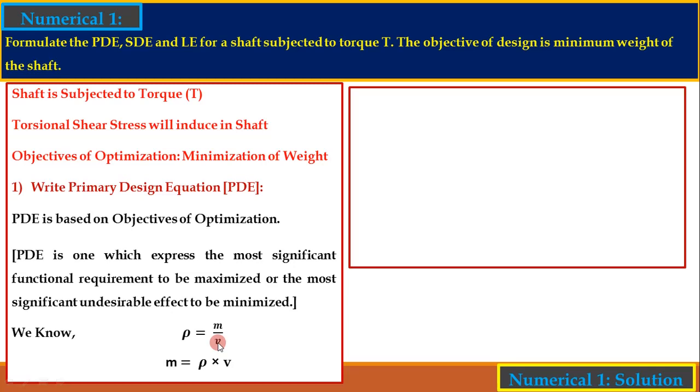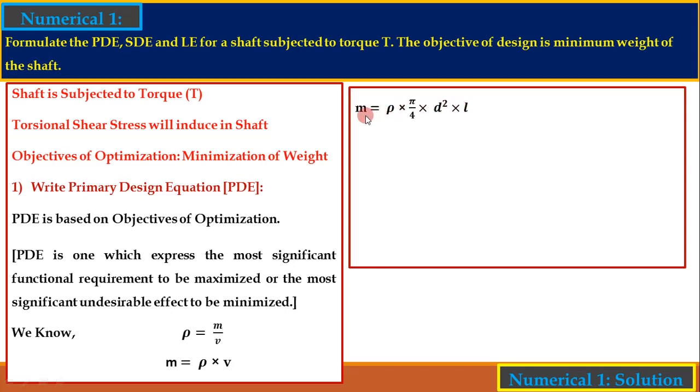Mass is equal to rho into V, and we have to multiply by g to finally get the weight. Before that we use the expression of volume. As this shaft has a circular cross section and length L, the volume is pi by 4 d square into L.